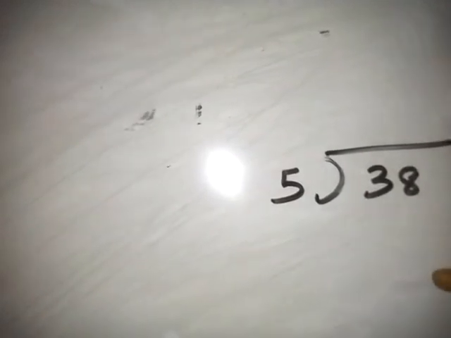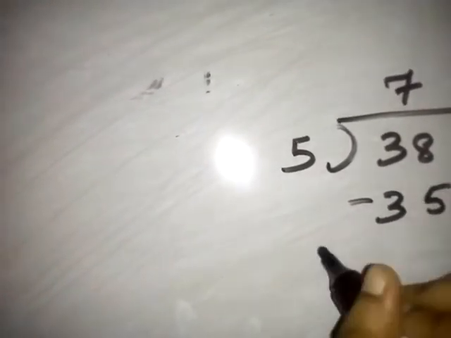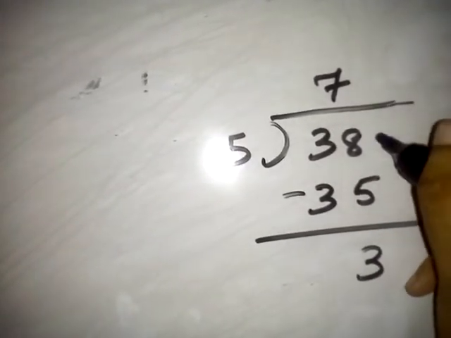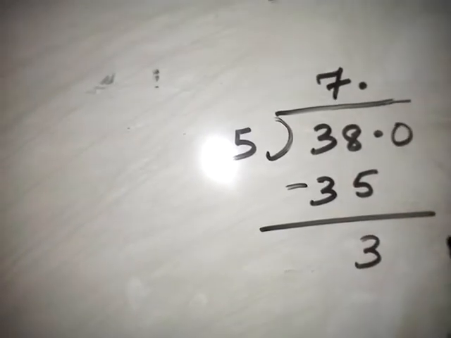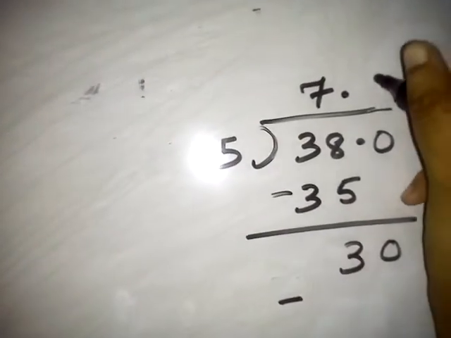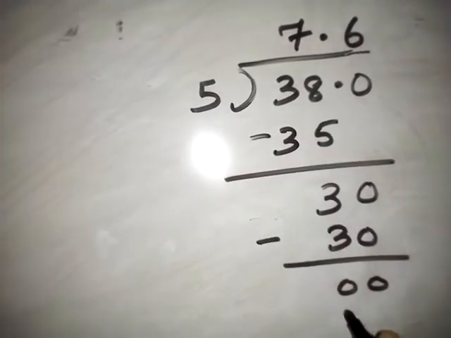The last smaller number which is coming, see, if this number is not going in the 5 table. 5 7s are 35. 8 minus 5, 3. Take a decimal point. Here also put the decimal point. 0, take. 5 6s are 30. So I am getting remainder 0.